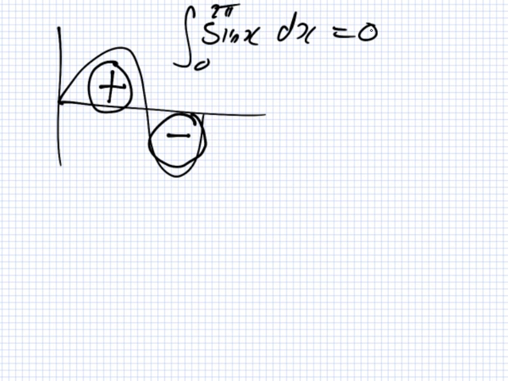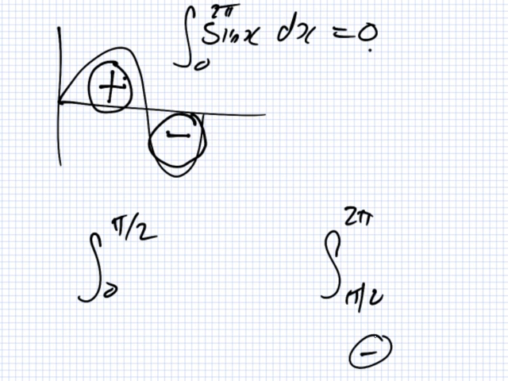So if the total is 0, it meant that this area combined with this to make a 0. If you really wanted the area, you should have split this into 2 problems. And what you'll notice is that this one would have a negative answer, which you would need to change to positive, and this one is okay. So the answer indicates there's equal area above and below the curve between 0 and 2 pi.